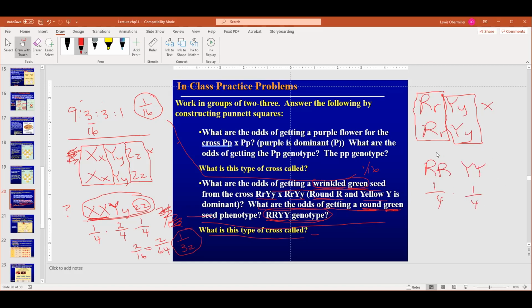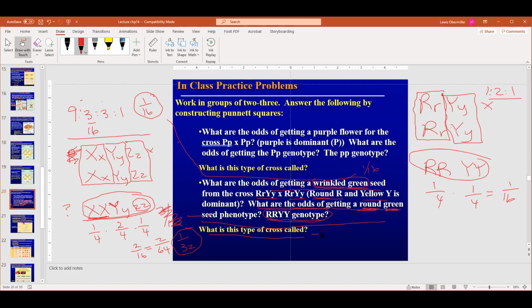And so remember, because we have the 1 to 2 to 1 genotypic ratio, and if you memorize that, you can do this super easy. Otherwise, you'll have to draw out a Punnett square. And then the rule of multiplication says I can multiply these together. So 1 times 1 is 1, and 4 times 4 is 16. So the odds of getting this are 1/16.